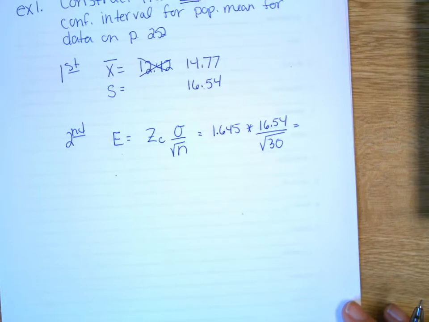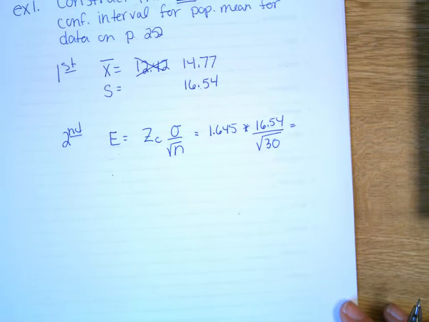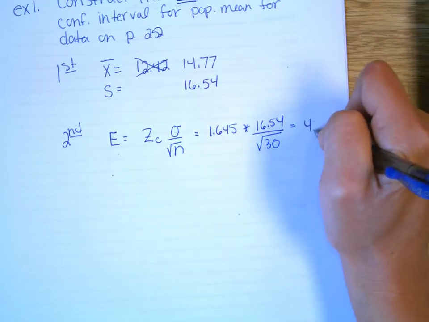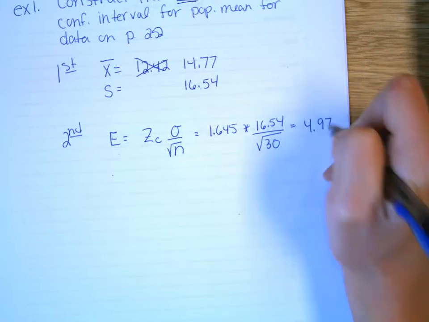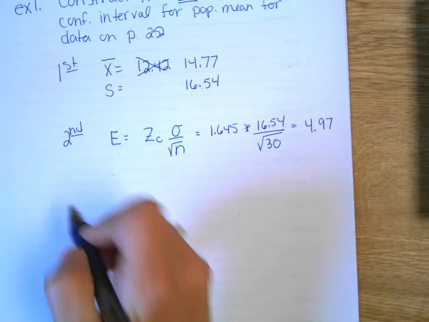You can type that all in one line. And when you're ready, 4.97. Okay, now we're ready for the estimate.